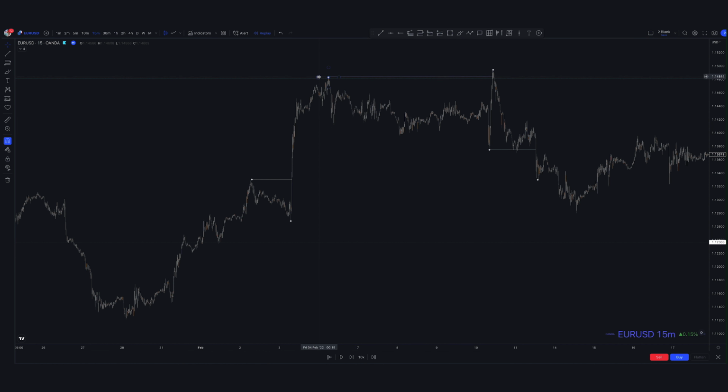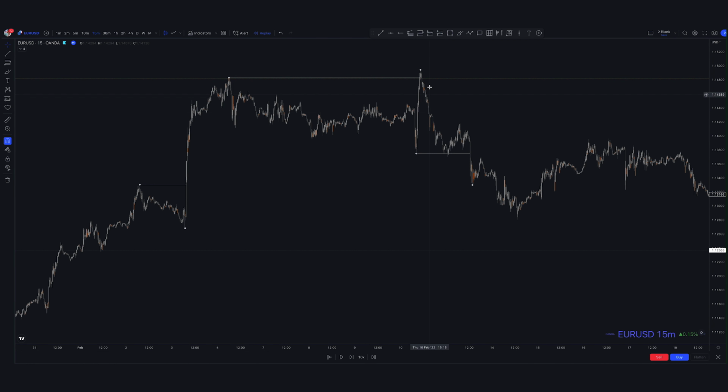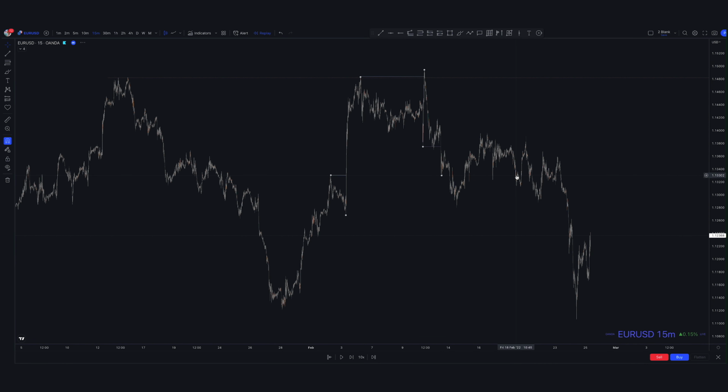We are talking about a higher time frame structure, so it only wicked out there, and here it closed above just to try to break the highs or maybe sweep liquidity, which we're going to learn later. Then right away it pushed down again and switched bearish, aligning with the daily and the 4 hour. I hope you understand this part.